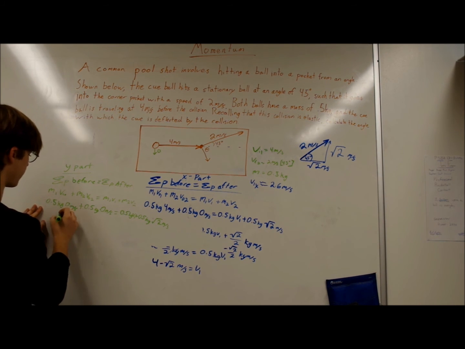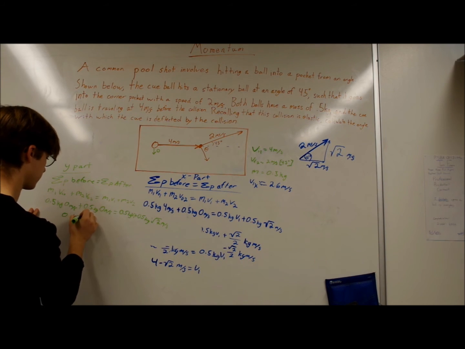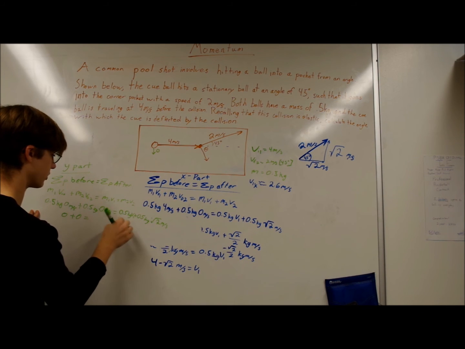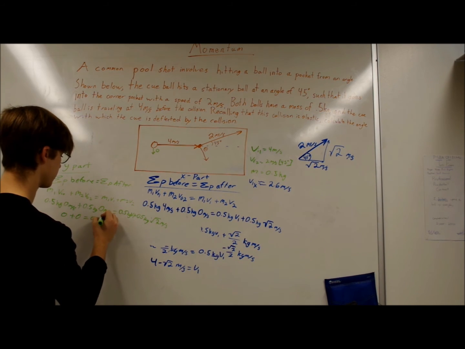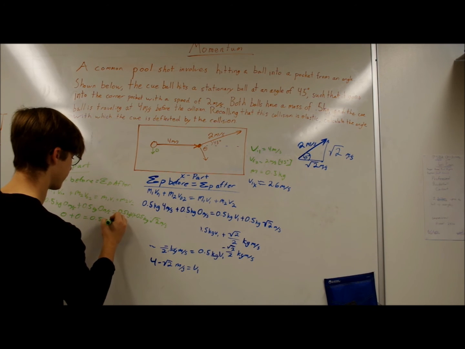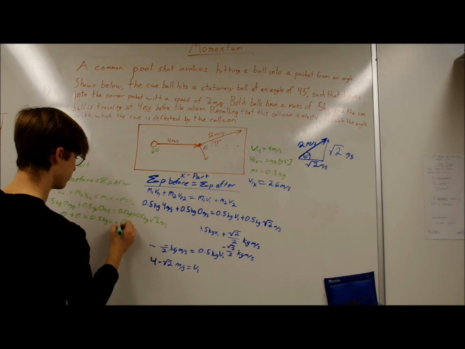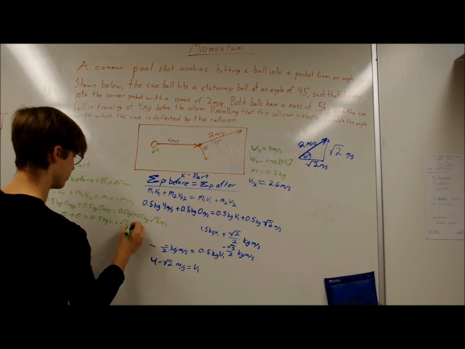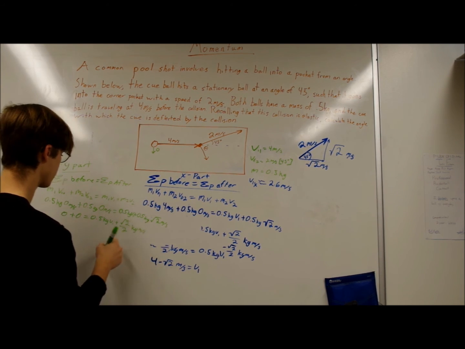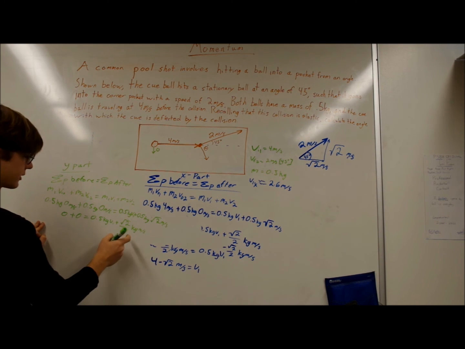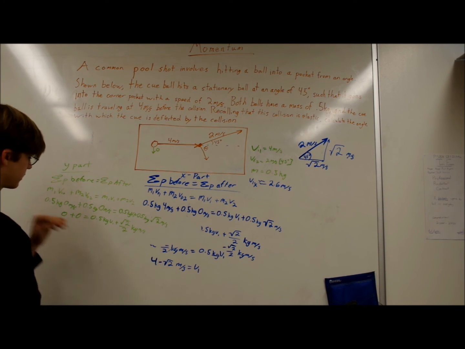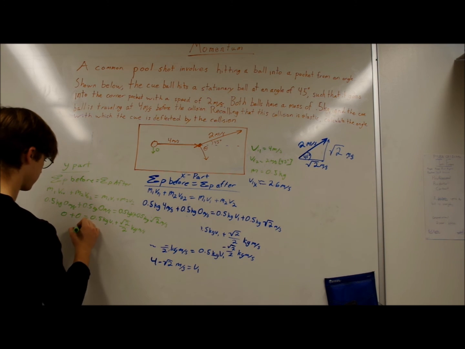0 times 0.5 is 0, plus 0 equals half a kilogram times the velocity plus square root of 2 over 2 kilogram meters per second. You can subtract both sides by the square root of 2 over 2 kilogram meters per second and move it over to this side.